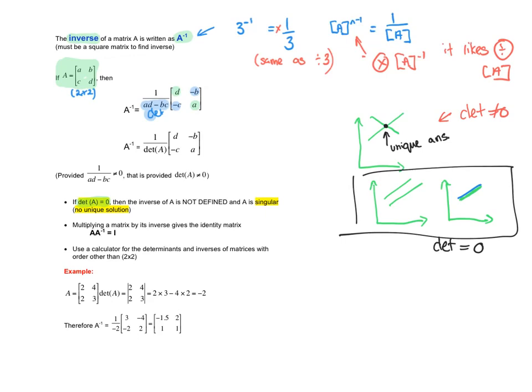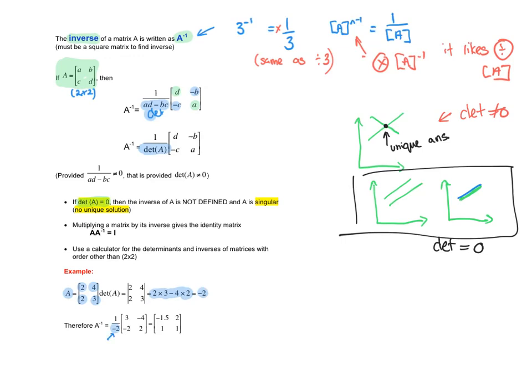So let's go find the inverse of a matrix manually to see if we can do it. We've got matrix A here. First we're going to find the determinant, because we use that. So we go 2 times 3 minus 4 times 2, and we end up with -2. The rule said 1 over the determinant, so we've put that there.